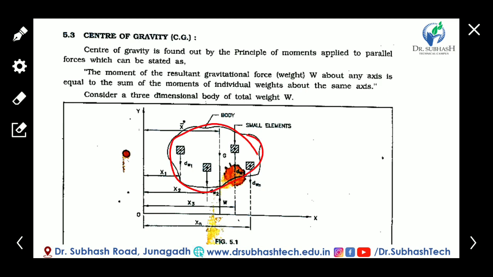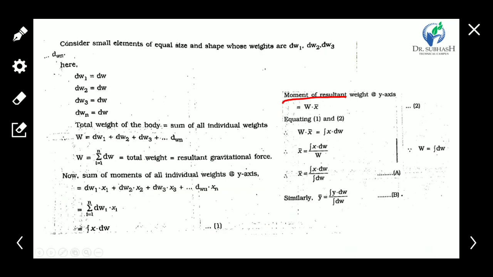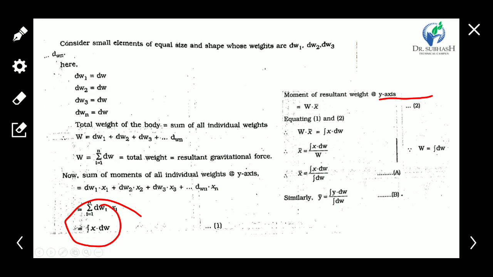So the moment of the total weight W into x bar, the distance of the total weight, is equal to the sum of the moments of all individual weights about the y-axis. This is the principle of moment. So according to the principle of moment, equation 1 is equal to equation 2. So write it here.